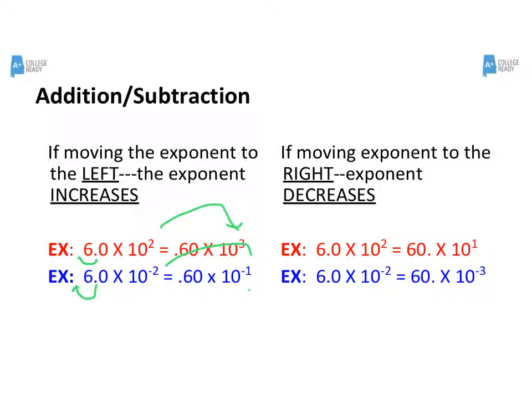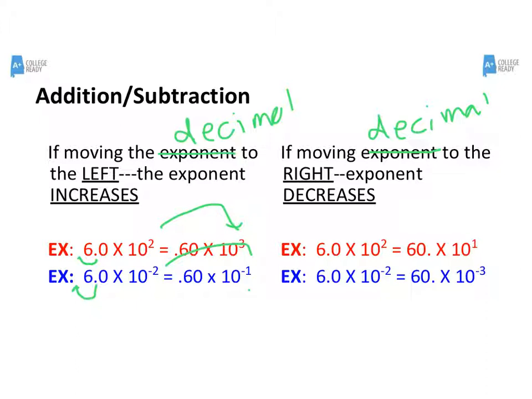If moving the decimal to the right, the exponent decreases. So sorry, I said exponent, this should be decimal. If moving the decimal to the right, then the exponent decreases.